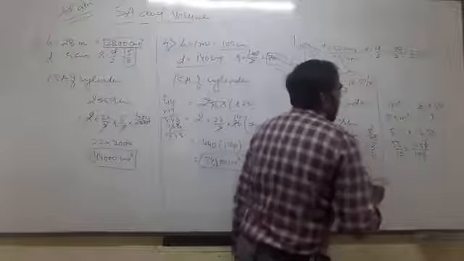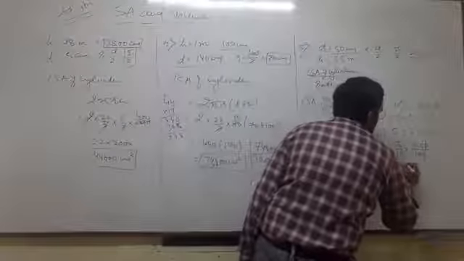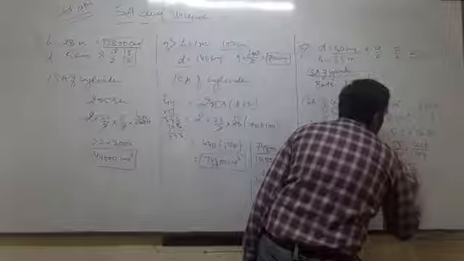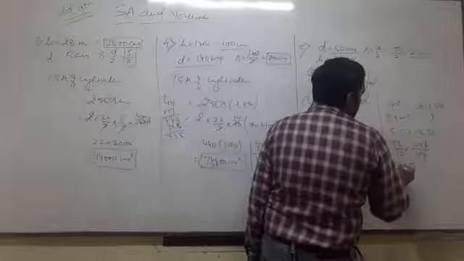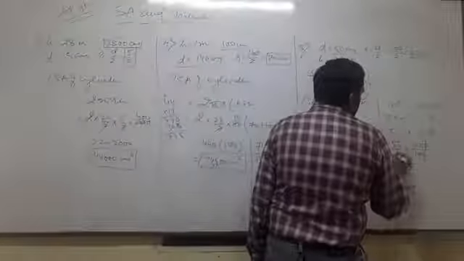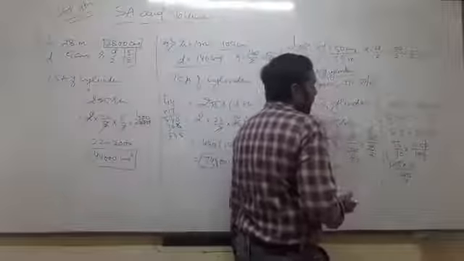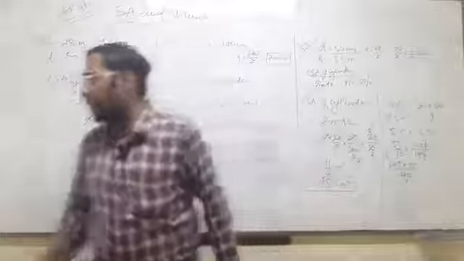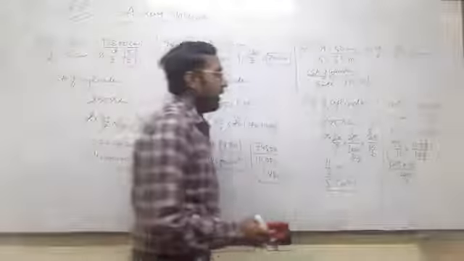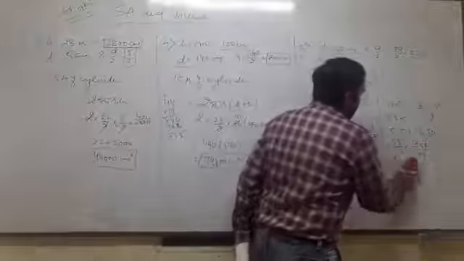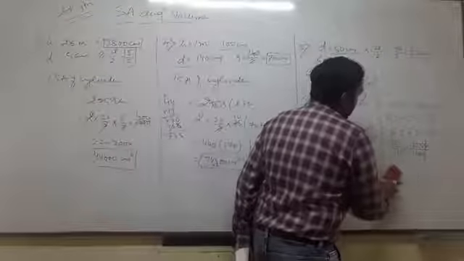Now that is my 125 into 55 divided by 100. 25 fives are 125, 25 fours are 100. I'm not cancelling this out. I'm just multiplying the numbers and taking the point by 100.